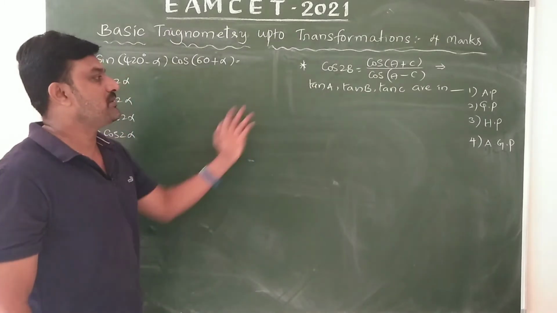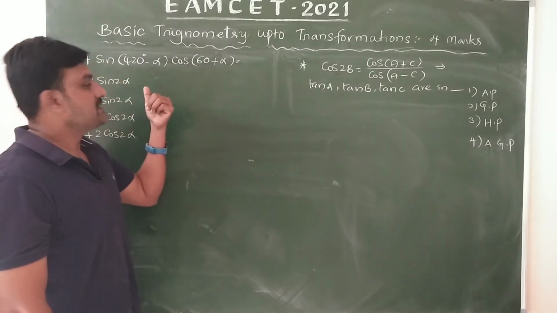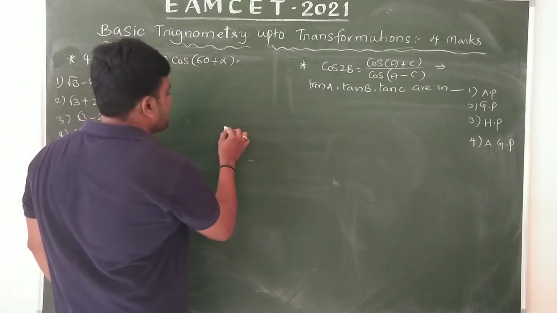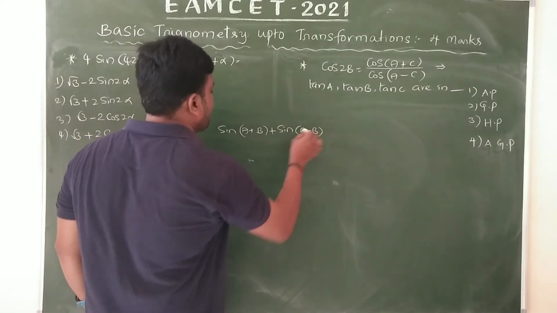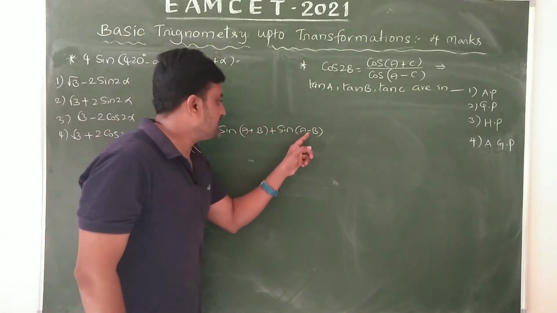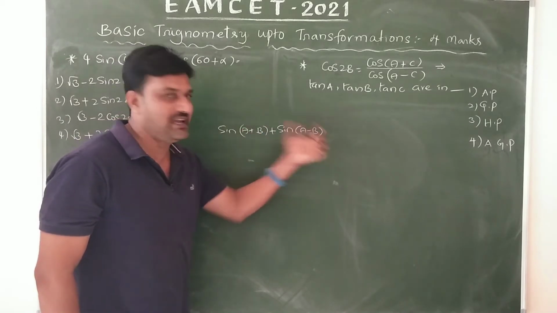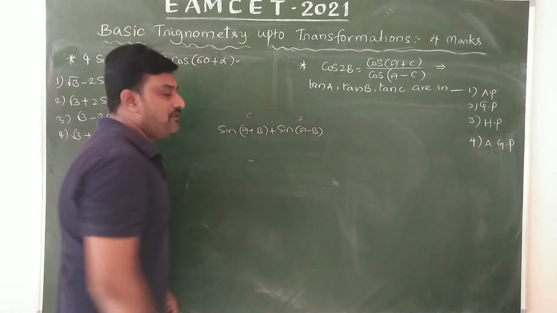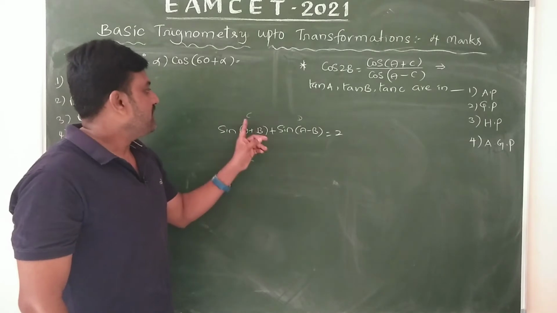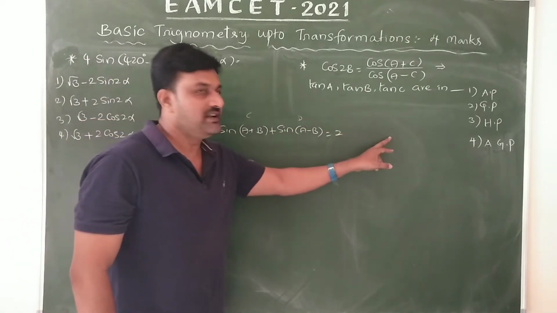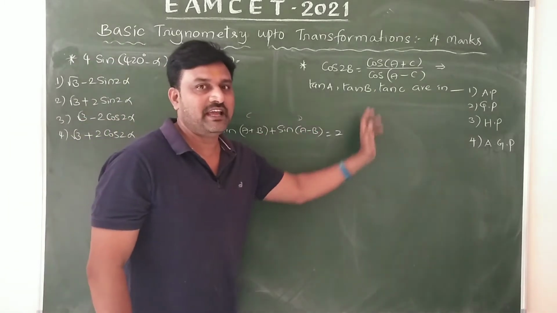When the problem is a sum, we can take it as a product; when they give a sum, we need a product. Suppose sin(A plus B) plus sin(A minus B), given with alternate signs, plus and minus, with the same terms A plus B, A minus B. It is also the same as with C and D. When C and D are given, we get (C plus D) by 2, (C minus D) by 2. For single angles we get double ones, and for double angles we get single ones, A and B.